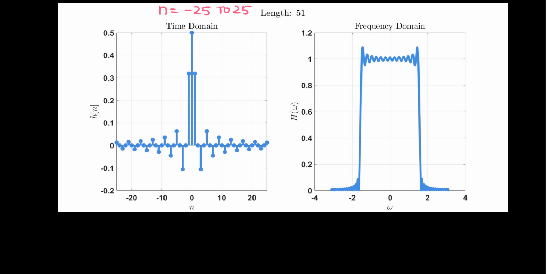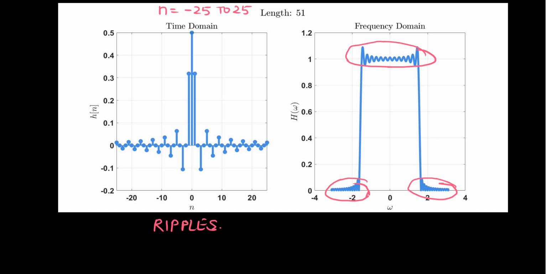If we observe this filter here, we can see that it is quite similar to the rectangular filter, the ideal low pass filter, but we can observe some ripples at this point as well as at this point of discontinuity.